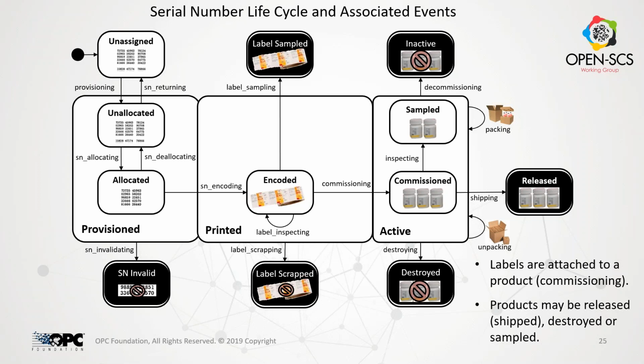Likewise, I may have to destroy some products, depending upon how you handle failures in the manufacturing. I've got a product with a serial number on it, but I destroy the product, so I need to say that serial number is no longer active. Likewise, if I send it to the lab and I test it, then it may be decommissioned. It means the product's no longer active.